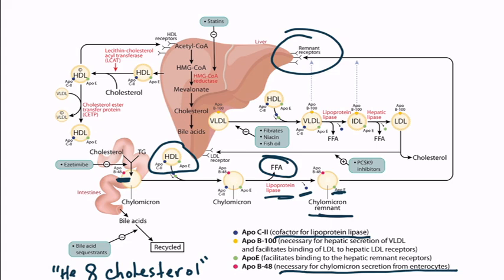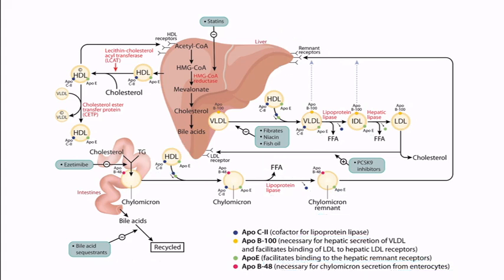ApoE is a ligand on the surface of chylomicrons that facilitates binding to the hepatic remnant receptors. You can see that right here. We state that ApoE facilitates binding to the hepatic remnant receptors. In other words, ApoE is necessary for chylomicron uptake by the liver. We'll talk more about this in a second, but also notice that ApoE is present on VLDL right here, IDL, and HDL.